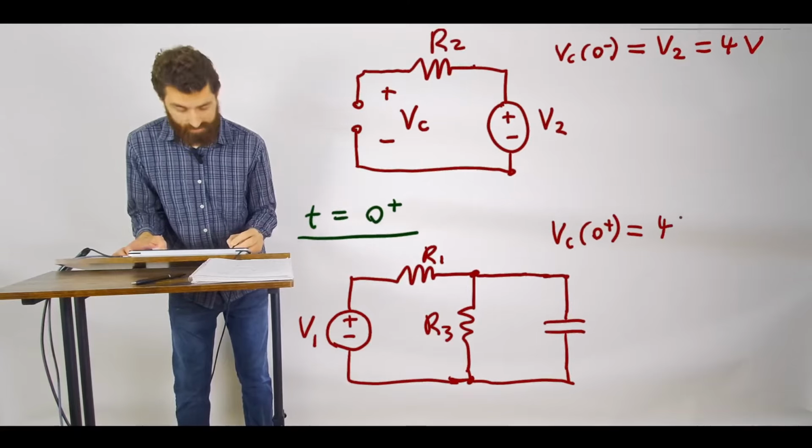So the voltage here would be Vc of infinity. And you can see that this is actually just a simple voltage divider equation here.